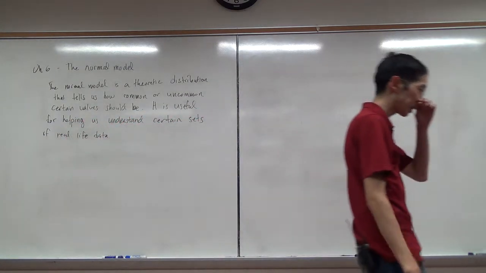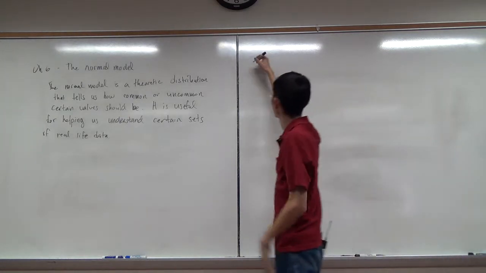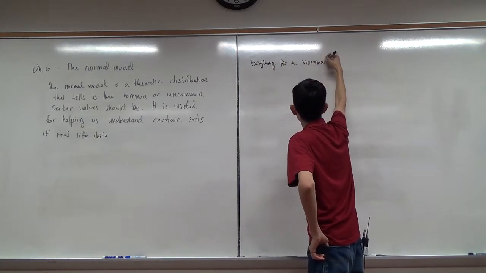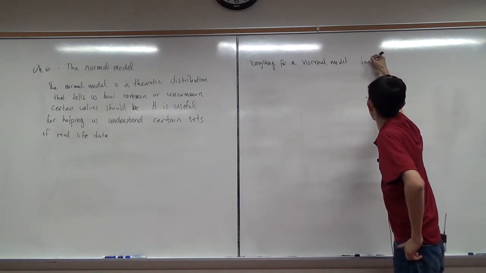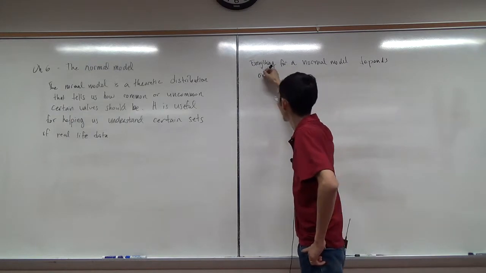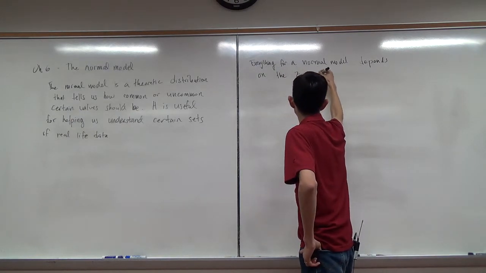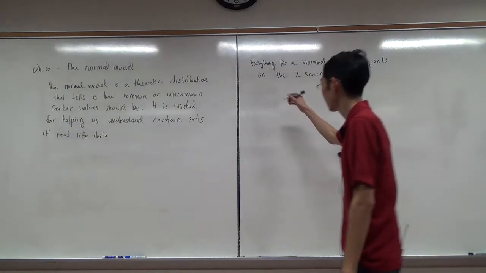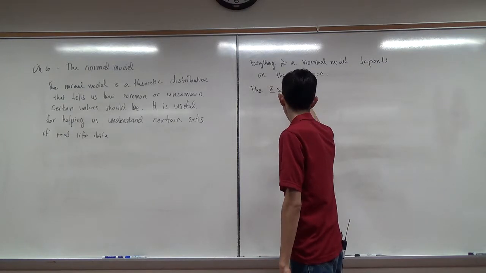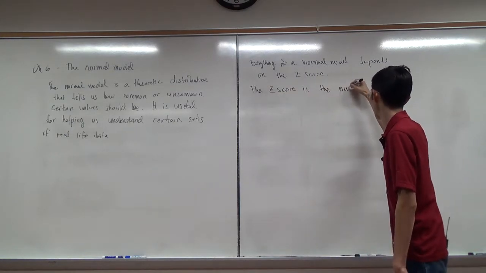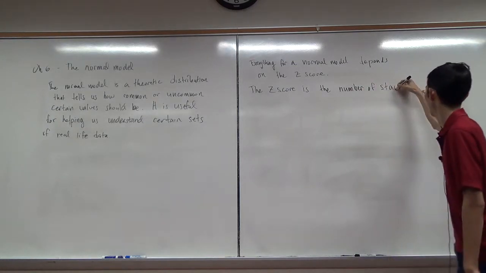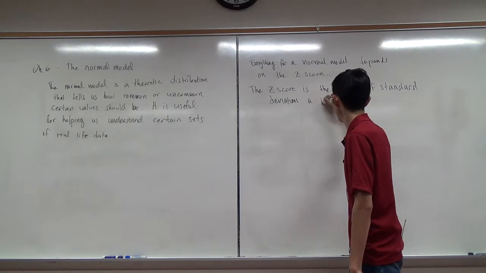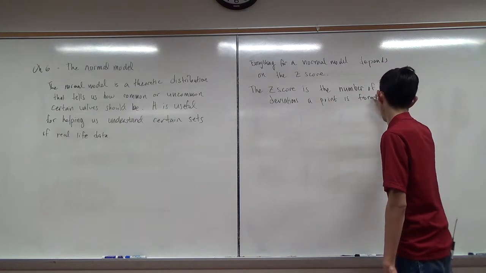Everything in the normal model depends on what we call a z-score. The z-score, and this is a definition you should learn, is the number of standard deviations a point is from the mean.